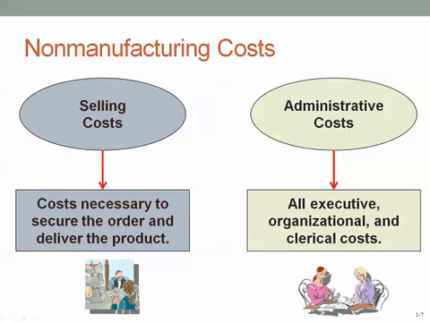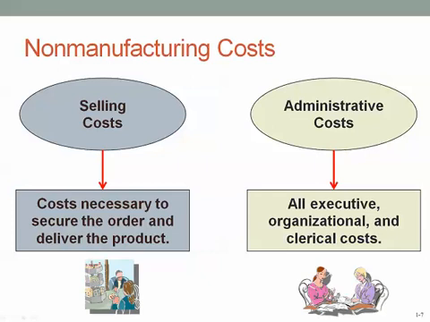Selling costs include all costs necessary to secure customer orders and to get the finished product into the hands of the customer. These costs are also referred to as order getting or order filling costs. Examples of selling costs would include advertising, shipping, sales travel, sales commissions, sales salary, and even the cost of a finished goods warehouse.